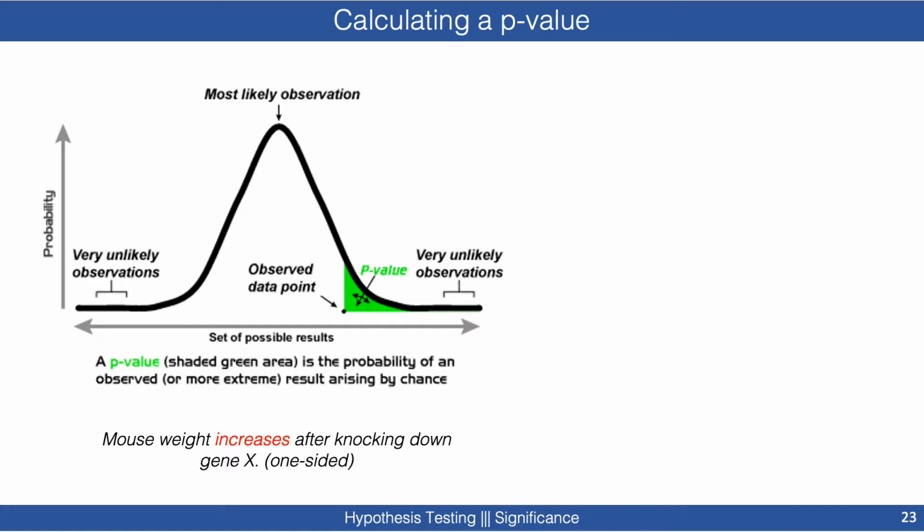The observed data point 5.96 is shown here at the bottom right corner of the green area, and the p-value, for this one-sided test asking whether your sample supports the idea that mice with a knockout gene are heavier than wild-type mice, is the probability of obtaining 5.96 or any value larger than 5.96.